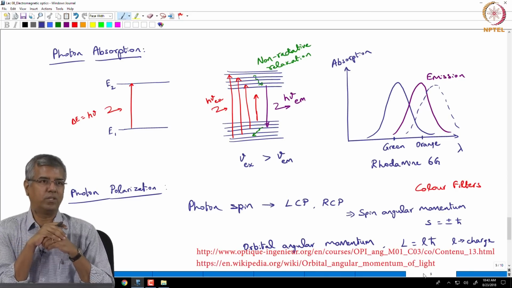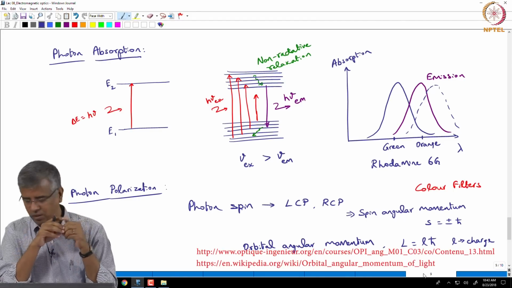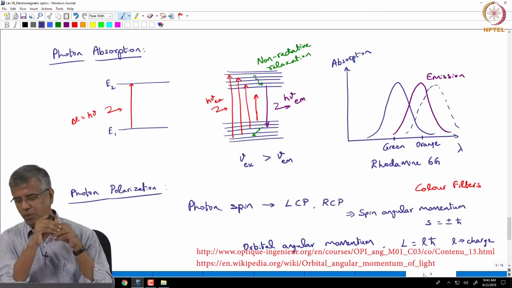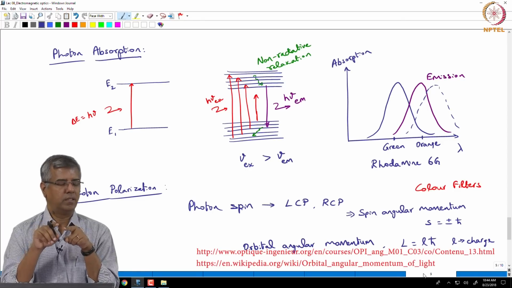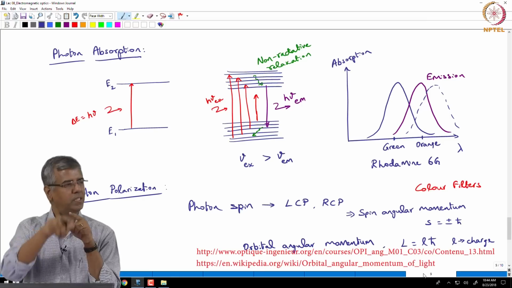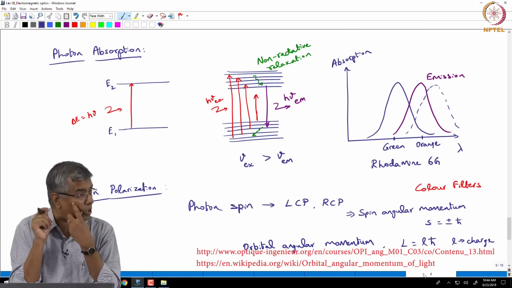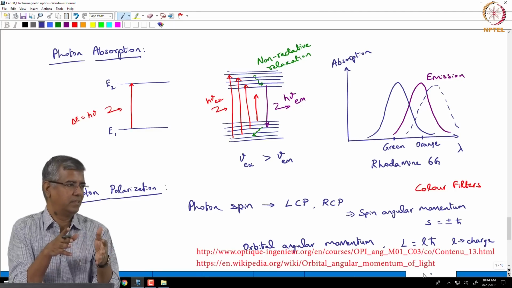So the question is, the photon is a boson, so how does it have different charges? Essentially, we are saying that the photon is spinning around an axis as it's traveling. The fact that it's a boson is related to how it's emitted.